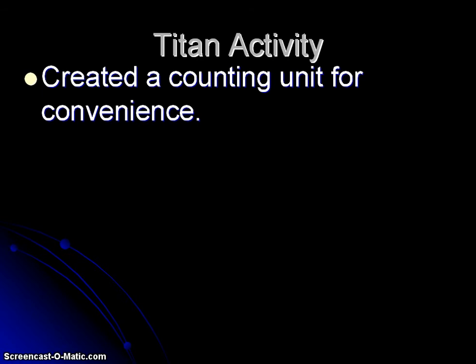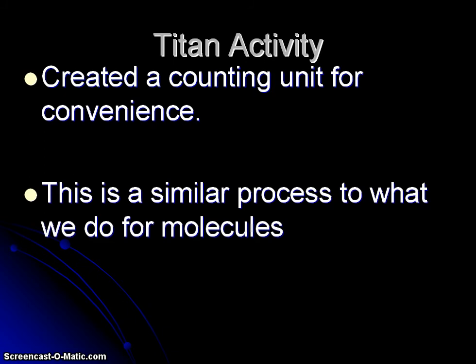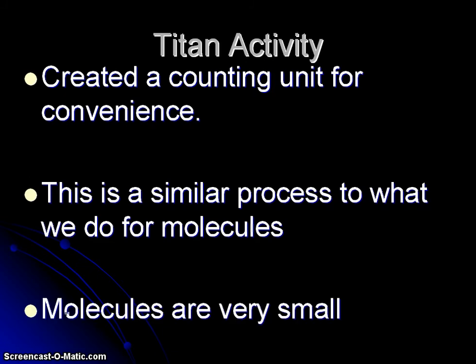So we created a counting unit for convenience. That's called the Titan. This is a very similar process to what we do for molecules. Molecules are very small. You know that because we've talked about how tiny the individual atom is, and so atoms together are still very small.